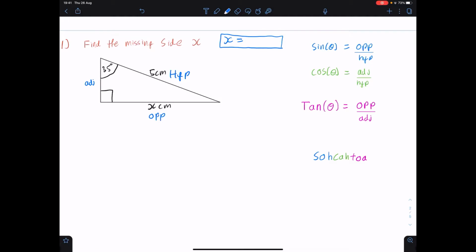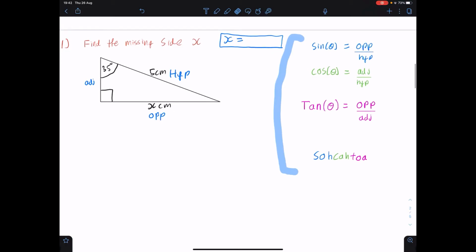So what we do now is we look at our 3 trigonometric ratios. We can recall these trigonometric ratios from SOHCAHTOA or using a different method. We look at which of these trigonometric ratios involve using the adjacent side and we cross them out as we will not be needing them.